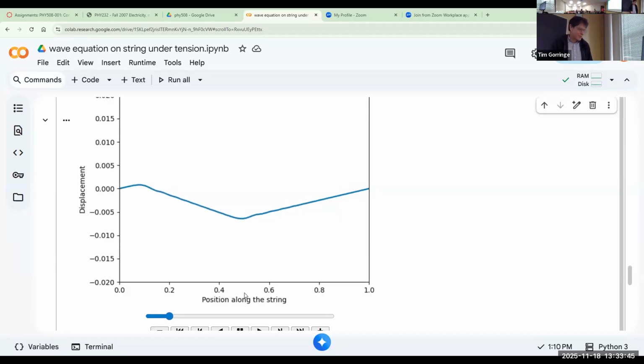I think it's moving. Maybe, yeah. I got 10 millisecond intervals, so it's like slow motion. I know it's moving. Yeah, here it's moving along the length of the wire.